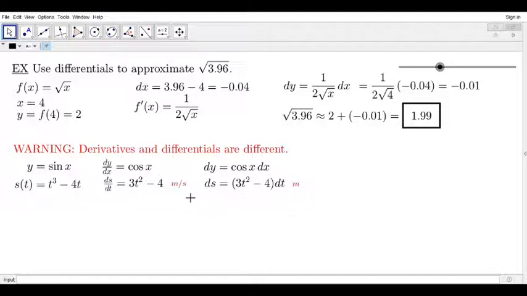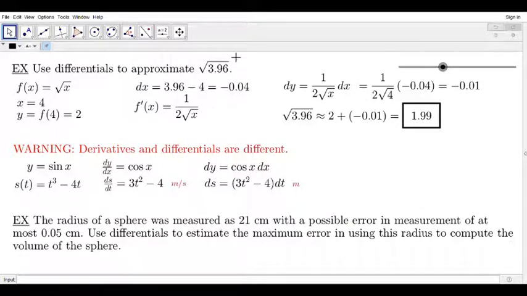Just remember, ds over dt is the velocity. However, multiplying the derivative in meters per second by dt, which is in seconds, turns the unit into just meters. After all, ds approximates the change in s, which is in meters. So again, derivatives and differentials are related to each other, but they are different.